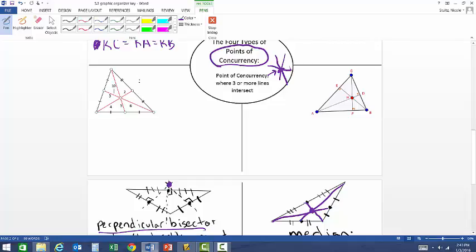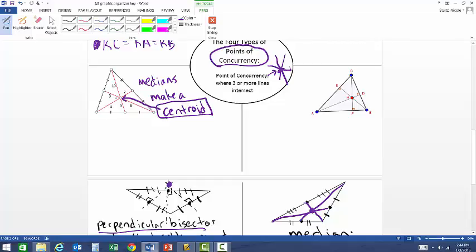These are all medians, and together they will make a centroid. So centroid is our new word. And that point is going to be right here. Now there is a special rule with centroids. I've already put numbers in so you can see them.